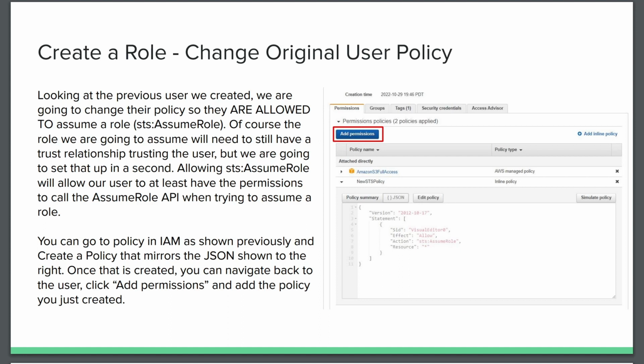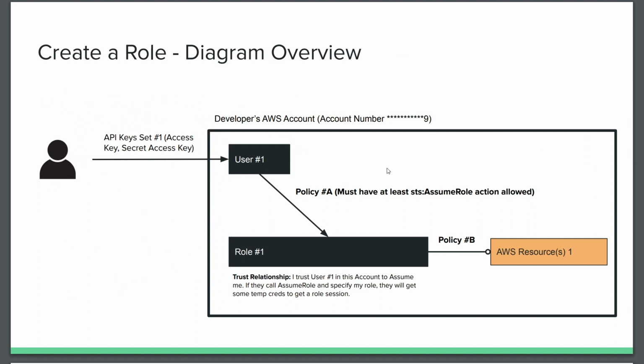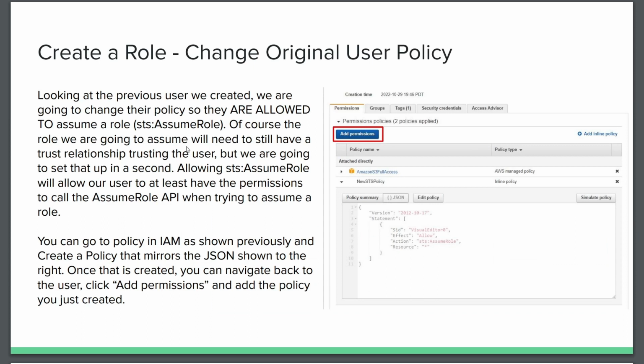So to create a role, or to basically set up this diagram I have here, we first need to give this user the AssumeRole privileges, right? If this user is not allowed to call the AssumeRole API, then they can't even call AssumeRole on this role because they can't even call the API. So what we have to do is add a permission to our user.